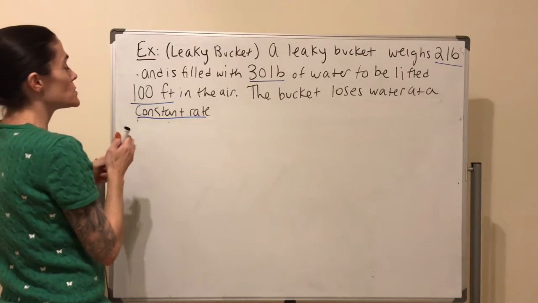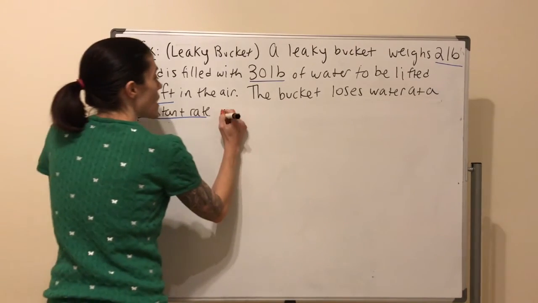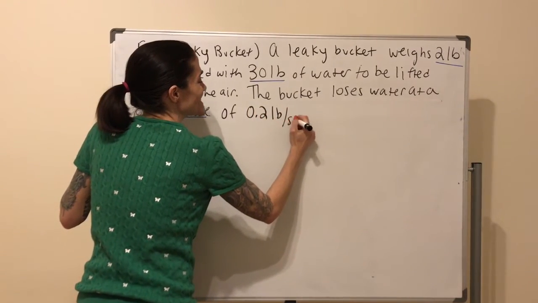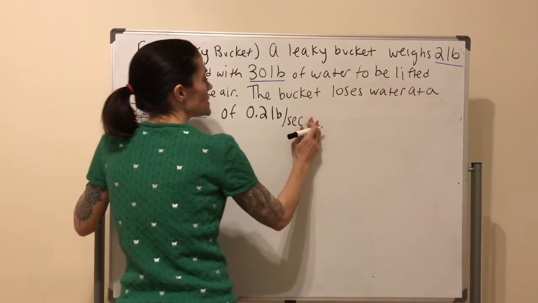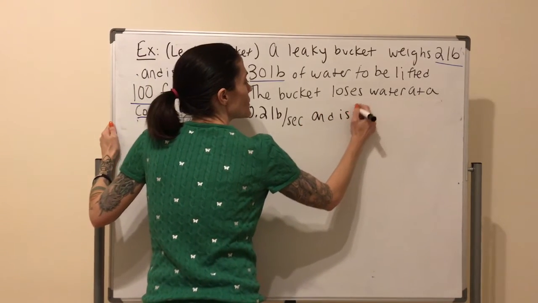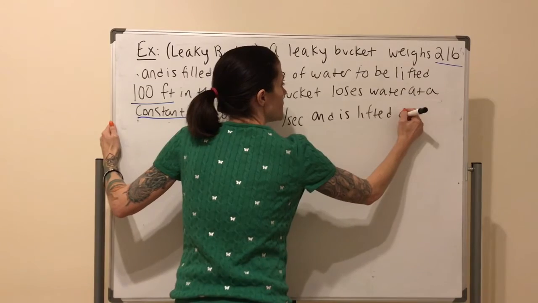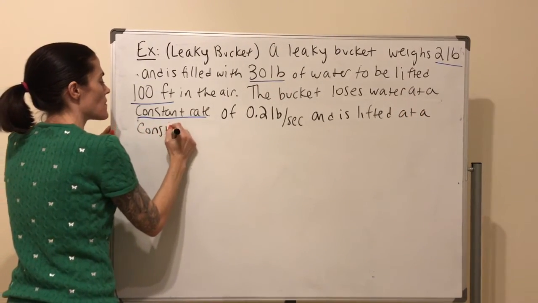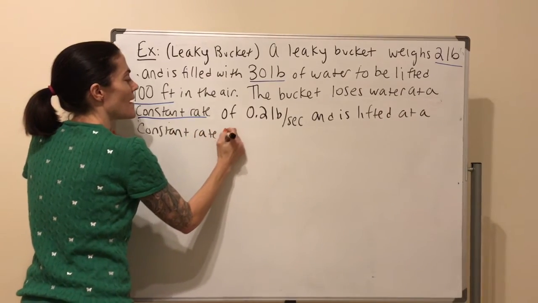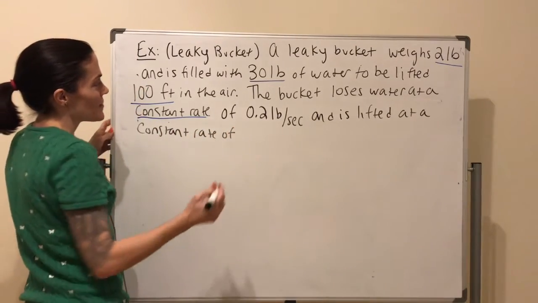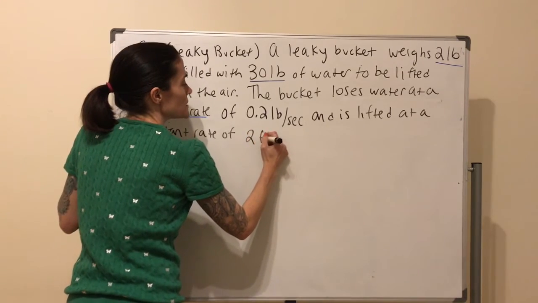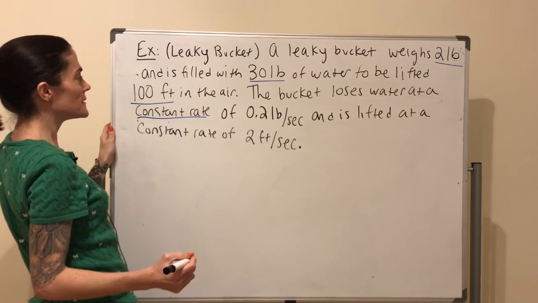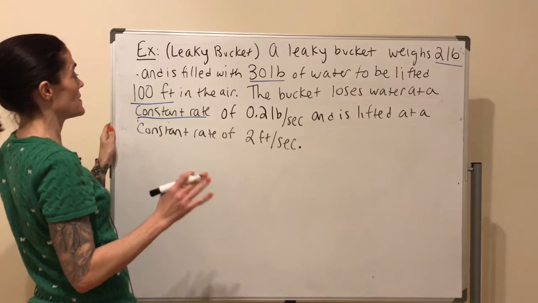Okay, so the bucket loses water at a constant rate of, let's say, 0.2 pounds per second, and is lifted at a constant rate of maybe 2 feet per second, and we still have 30 pounds, 2 pounds, 100 feet.